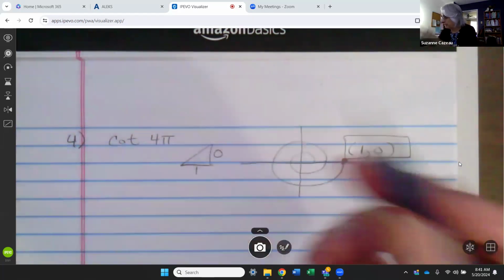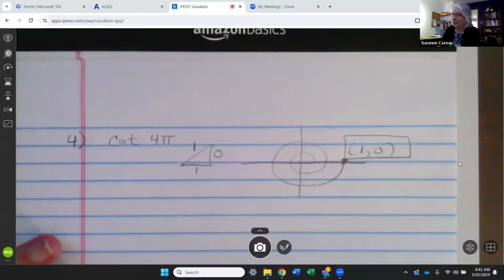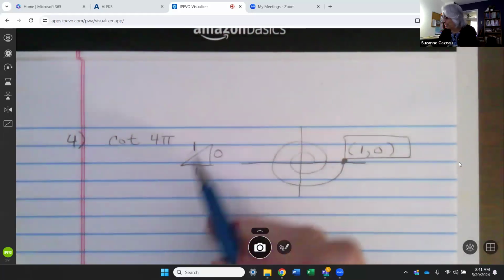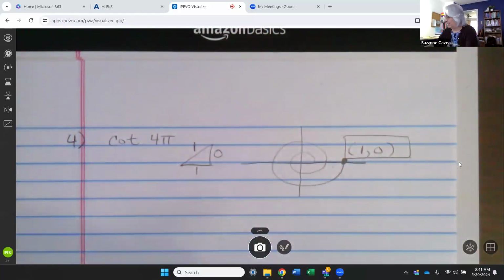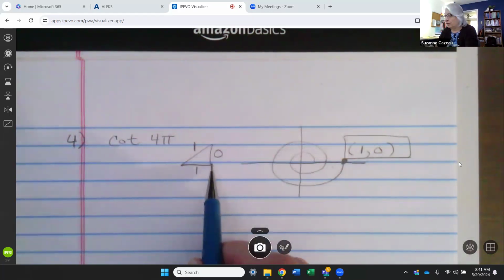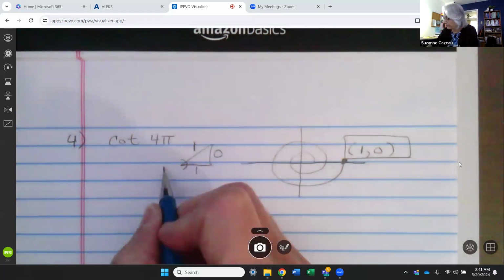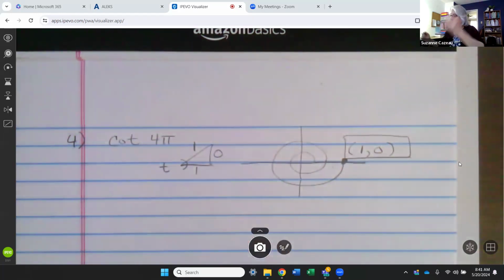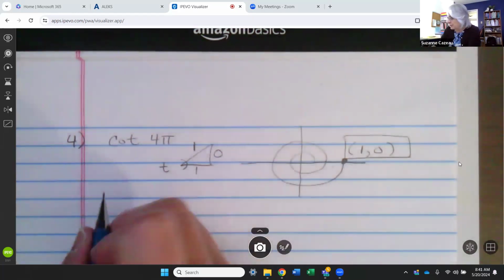And you could figure out then that the hypotenuse, if you will, is 1 because it doesn't go up at all, right? And you could use the Pythagorean theorem too. 1 squared plus 0 squared is what, right? Okay, so you could do it that way.